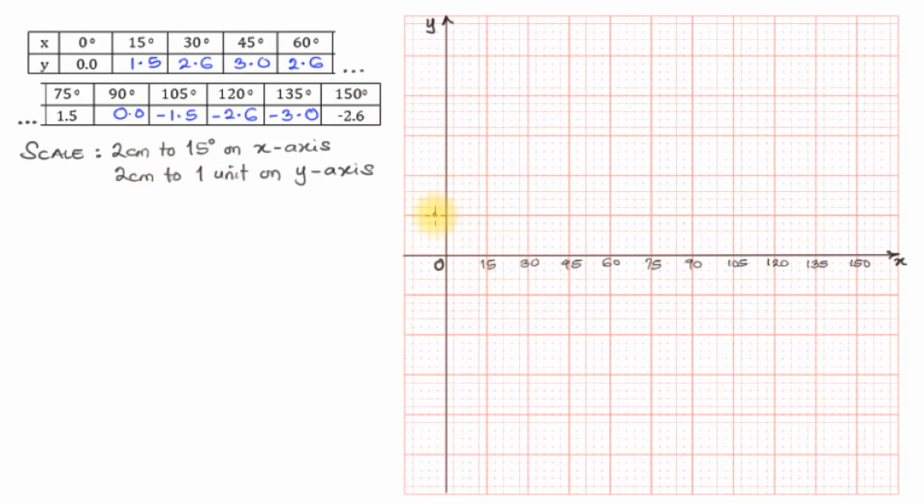So this will be 1, this will be 2, 3, 4, and 5. And this will be minus 1 because we have negative values. Minus 2, minus 3, minus 4, and minus 5. So our scale on the graph is quite good, and we are done with that.